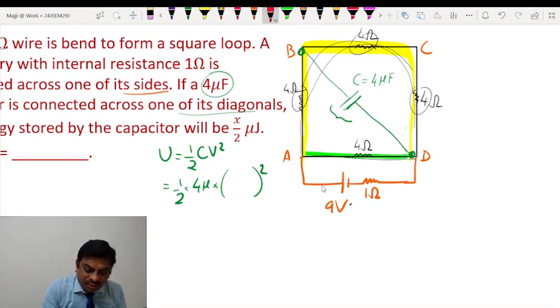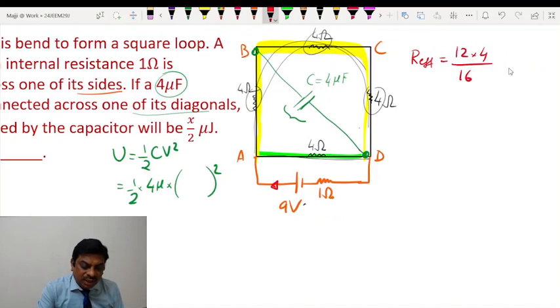So we'll try to know the current through the cell. Let us find the effective resistance between the cell terminals, between A and D. So 12 into 4 upon 12 plus 4, so this will be 3 ohm.